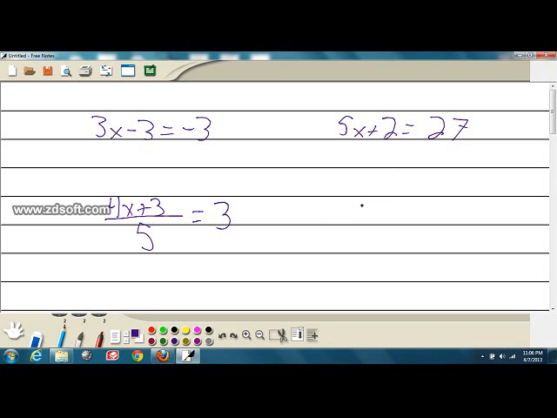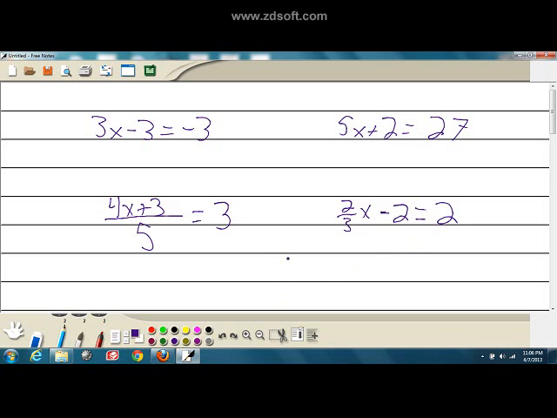And then do 2/3 x minus 2 is equal to 2.